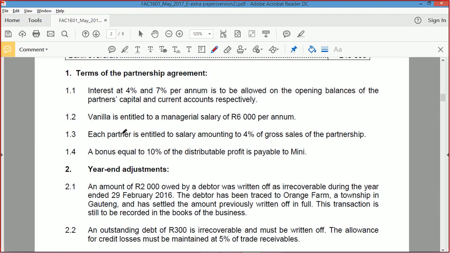It's dealing with capital, but this is interest on the capital and interest on the current account. So what is interest viewed as from a partnership point of view? Expense. Yes, an expense for who? The partners or the partnership? The partnership. Exactly. Okay, the partnership is going to have to pay it.